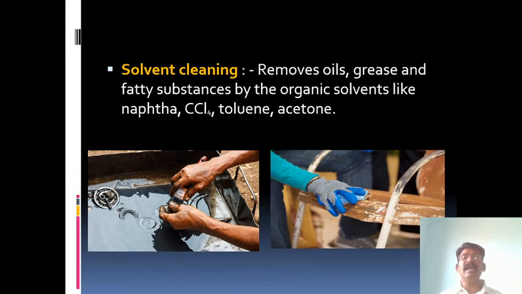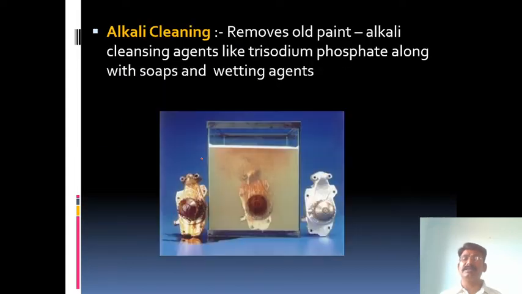First of all, with any organic solvent like petroleum ether, or water, or toluene or acetone, whatever it may be, we have to clean it because some oils are present in it. Those oils, greases, salts and fatty substances are dissolved in the organic solvent. First of all, before going to coating, we have to clean with the solvents.